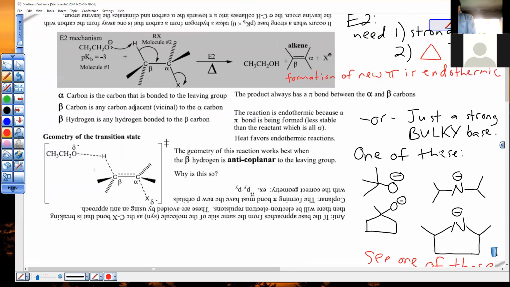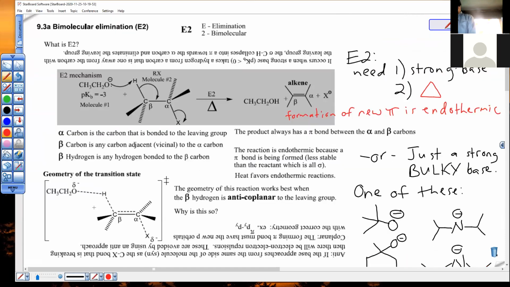One of those will change your mind, or this combination, strong base with heat, like this and this. There's an example right here. Strong base, pKb of negative 3. That's the definition of strong base, negative pKb. Heat, right there. And what happens is you grab a hydrogen that's on a carbon vicinal to the carbon with the leaving group. And that's a lot of words to say.